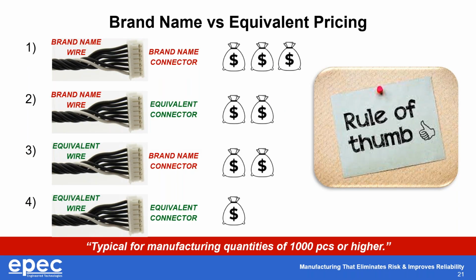When it comes to pricing, obviously using the brand name wire and brand name connector is the most expensive option. Epec can help offer an equivalent wire and equivalent connector, saving both time and money. And in doing so, that represents the lowest cost path forward for these types of products.